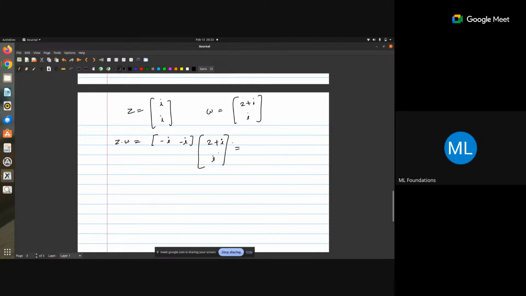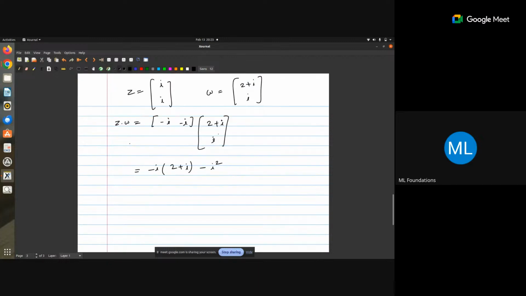So if I do the calculation, what will it be? Minus i into 2 plus i and minus i square. Is that correct? Yes. Minus 2i minus i square. So it will be minus 2i and minus 2i square, that 2i square will give plus 2. So basically it is 2 minus 2i.